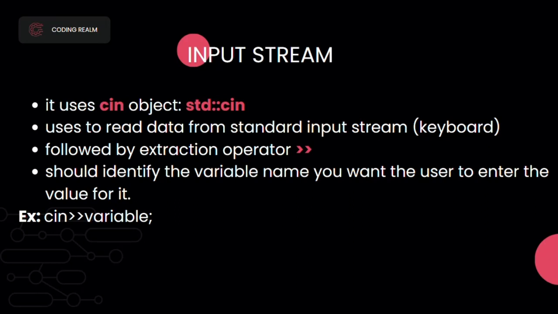It should identify the variable name you want the user to enter the value for. This is an example of how to use cin, the input stream. Cin variable, we can also put more variables, for example cin variable 1, variable 2, etc., like the cout operator.